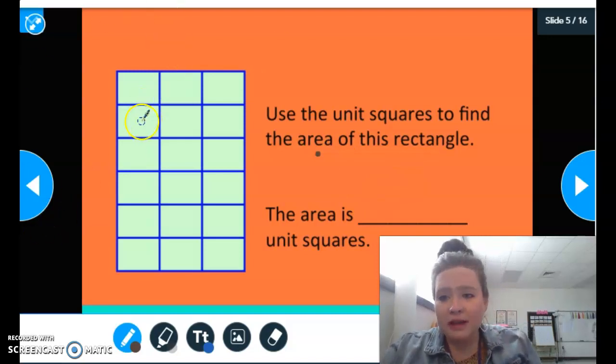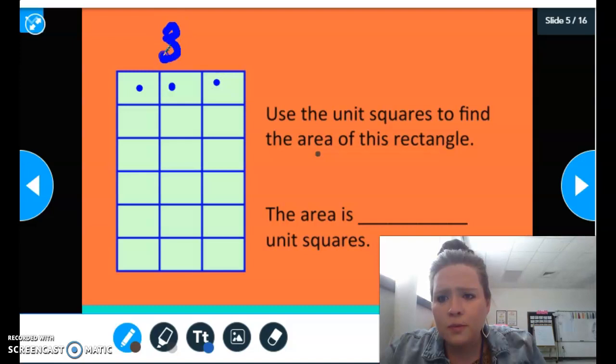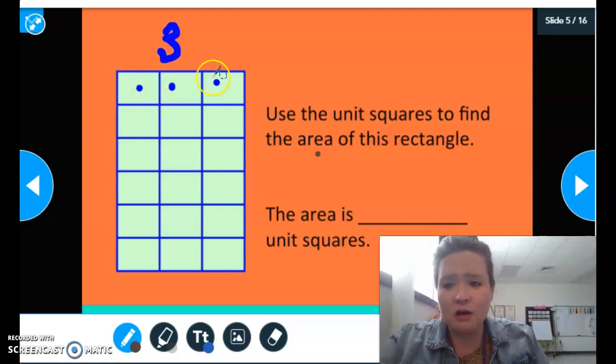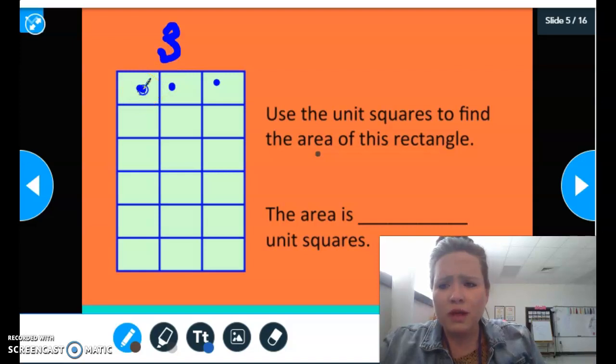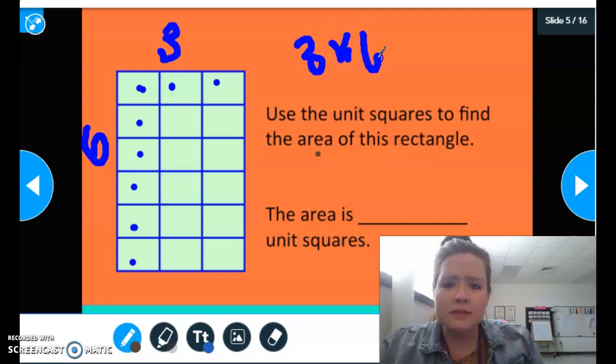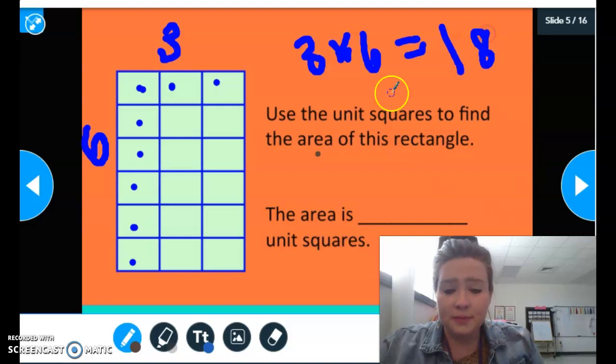So I'm going to find my length, 1, 2, 3. All right? Now, this corner spot right here is going to count for your length, and it also counts for your width. 1, 2, 3, 4, 5, 6. So you would multiply 3 times 6, which equals 18. All right?